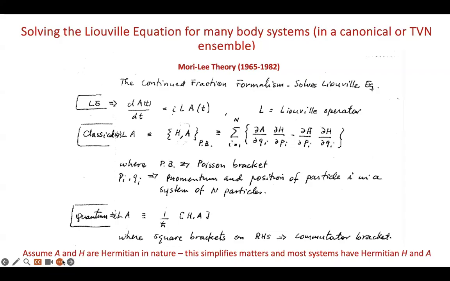Okay. By the way, A and H Hermitian has nothing to do with whether A has an imaginary piece or not. Even with an imaginary piece, it can be Hermitian. For example, if A represents Pauli matrices, they are actually Hermitian. So it doesn't stop us from studying magnetic systems, for example. Where does it stop us?